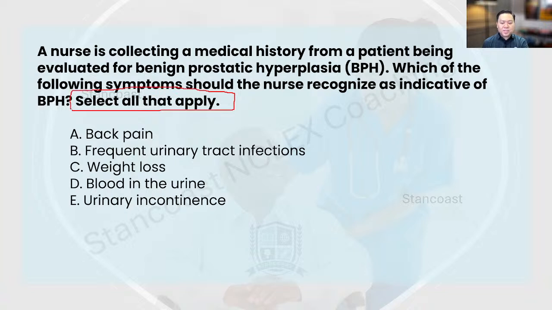And guys, just to give you some idea about select all that apply, in this kind of test question, if you select a wrong option, that will be deducted from the total number of your points. Okay, so right minus wrong, which I really don't like.